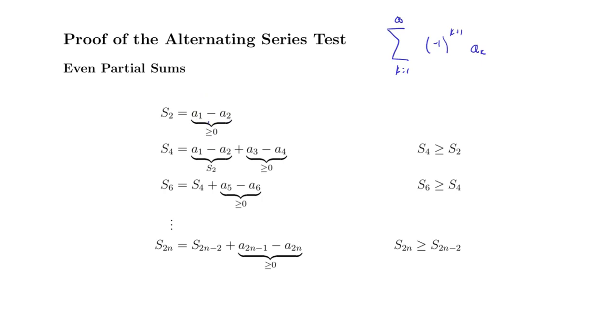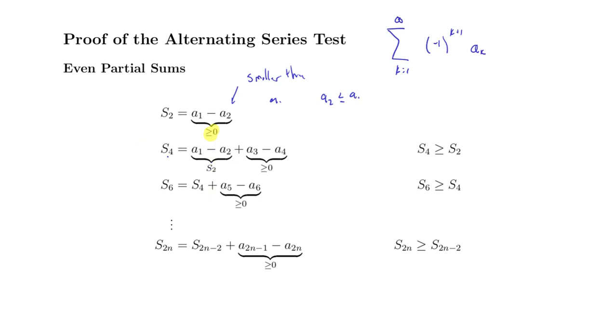Now remember, we said that this sequence was non-increasing, which means this term here is smaller than a sub 1, right? We've got a sub 2 is less than or equal to a sub 1. And that means when we subtract them this way, we're guaranteed that the difference is going to be greater than or equal to 0. Cool.